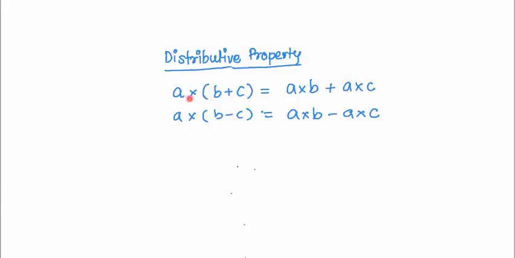So here A multiplied by B, then there is a plus sign in between. So A, when it is moving from B to C, there is a plus sign in it.